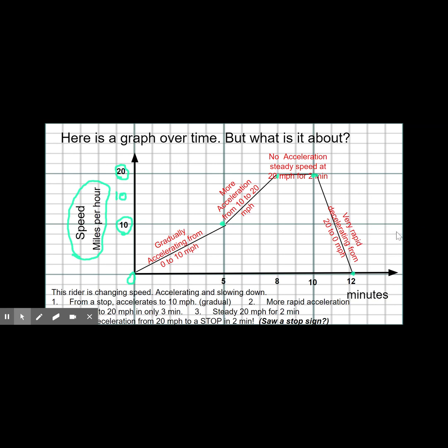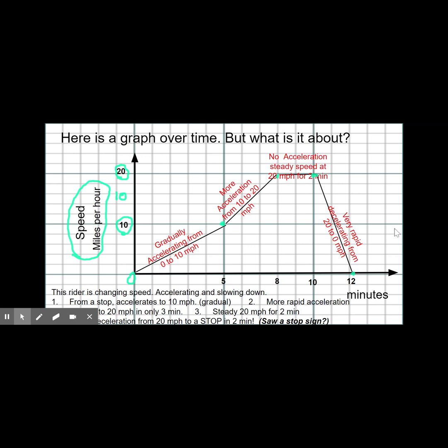Then makes a more rapid acceleration from 10 miles per hour to 20 miles per hour in only 3 minutes. In section 3, there was a steady 20 miles per hour for 2 minutes. In section 4, there was a deceleration from 20 miles per hour to a dead stop in just 2 minutes.